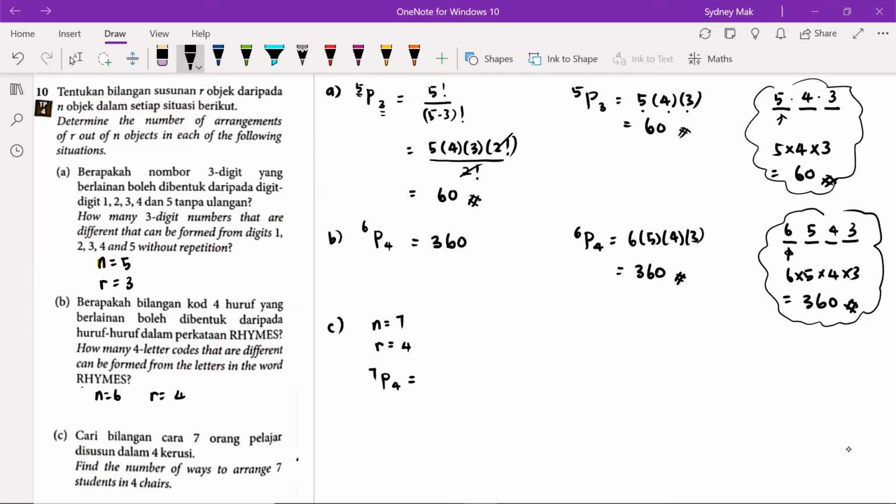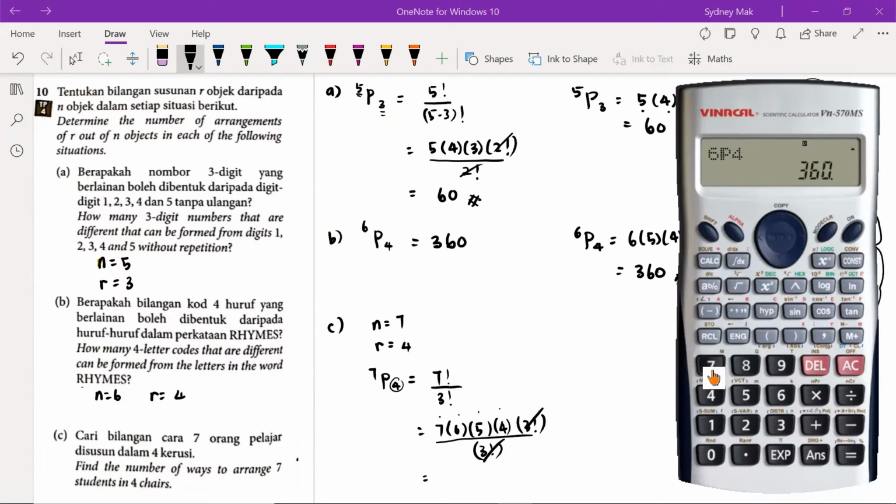By using the formula, 7 factorial over 7 minus 4, which is 3 factorial. We write 7, 6, 5, 4 and 3 factorial to be simplified with the 3 factorial in the denominator. We're left with counting down from 7 for 4 digits.